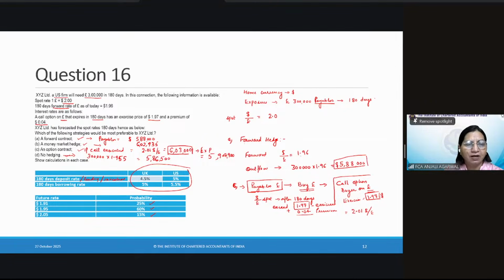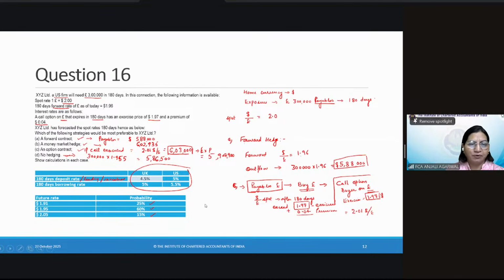So what would be the outflow in terms of dollars to be able to make a payment of 300,000 after 180 days, right? Spot rates would always be given. Forward rates would be given generally. Future expected spot rate after 180 days could be directly given or could be given in terms of probability. So if it is given in terms of probability, you'll have to make a calculation.